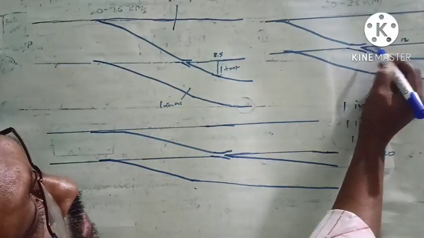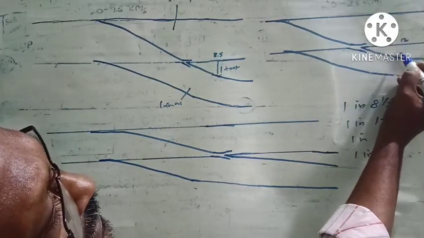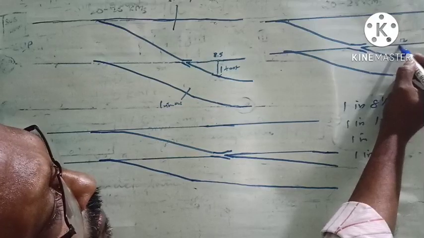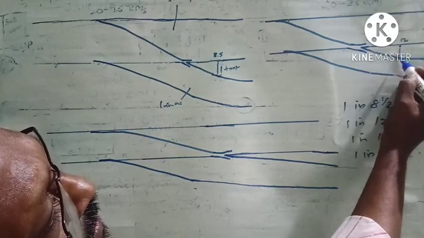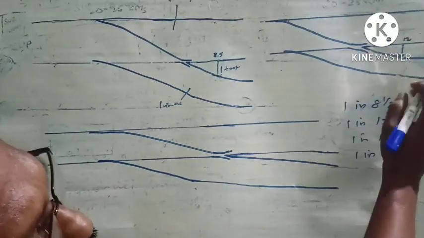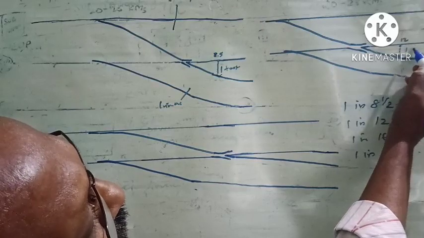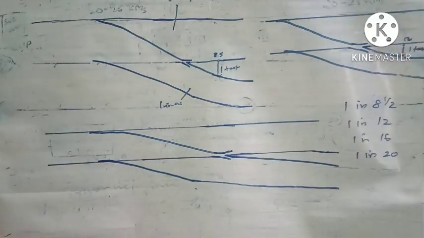This distance from this nose rail is 12 feet. Now the distance between this 12 feet mark and this rail of the turnout will be 1 foot. So this is a 1 in 12 turnout.